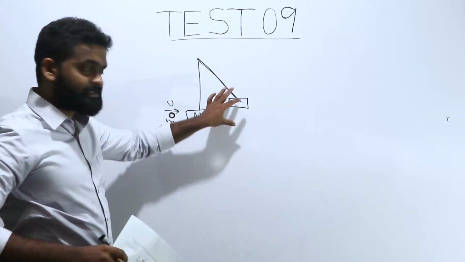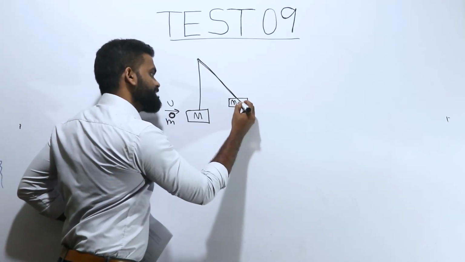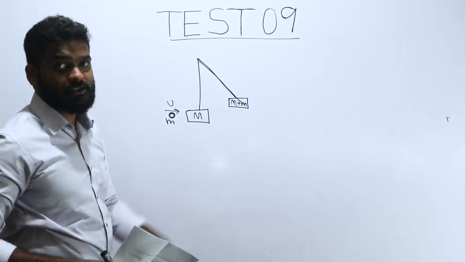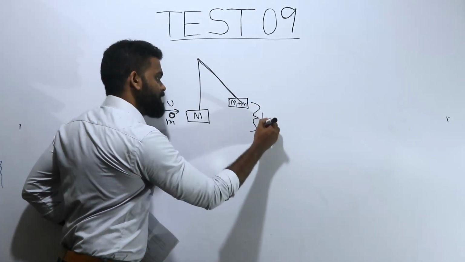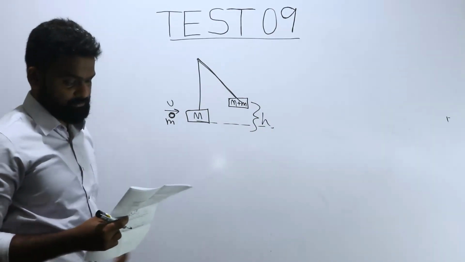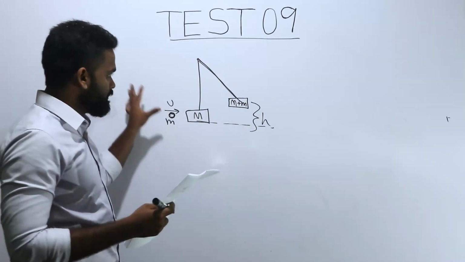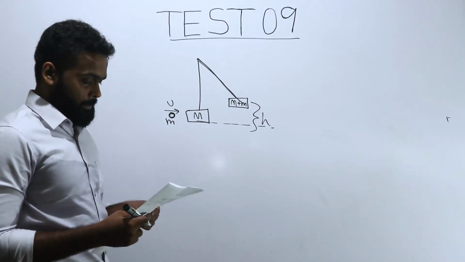Now the bullet is stuck in the block, so we can consider that to be one object. So the mass of that should be capital M plus small m. And it stops here, so the maximum height is h. So you need to get an expression regarding v, h, those things, right?